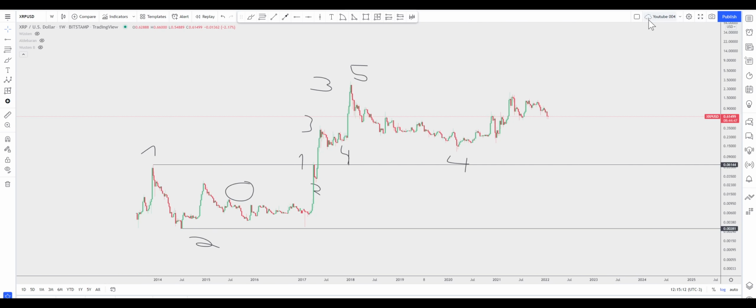But that's the root of almost all mistakes here. So this is how this should be approached. Okay, 0, 1, 2, 3, 4, 5. And again, this is a theory, doesn't mean it will always happen like this or always copy paste. No, that's not how it works. And just because it happened in the past, it doesn't mean it will happen in the future.